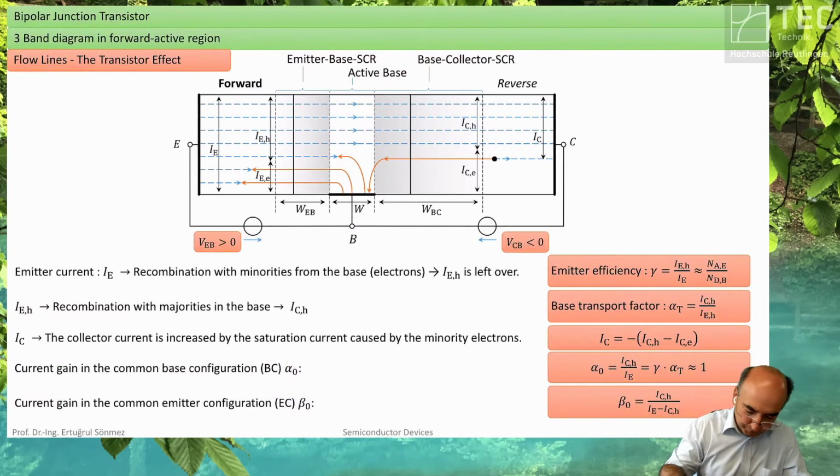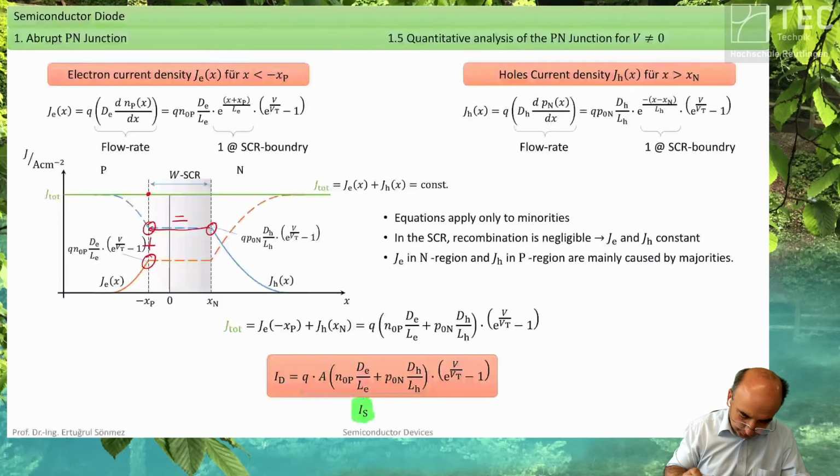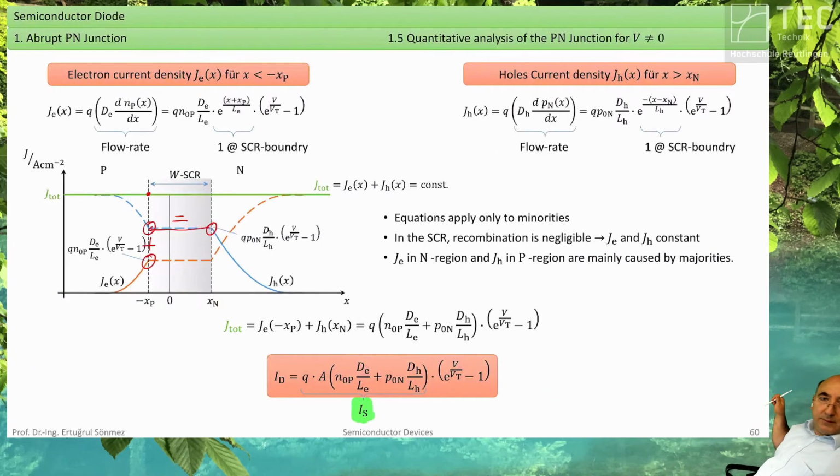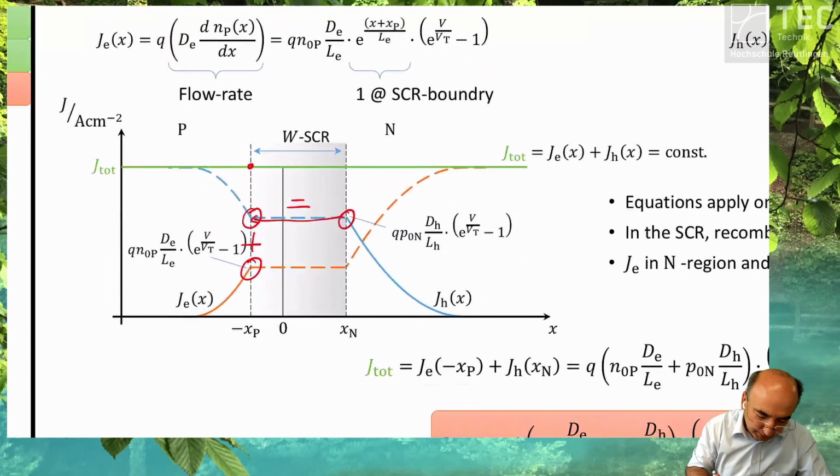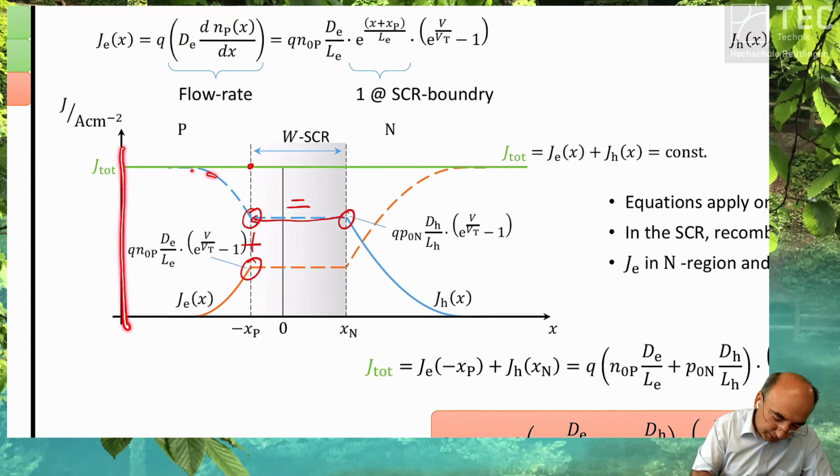Remember page number 60. There we said at the contact everything is hole current.